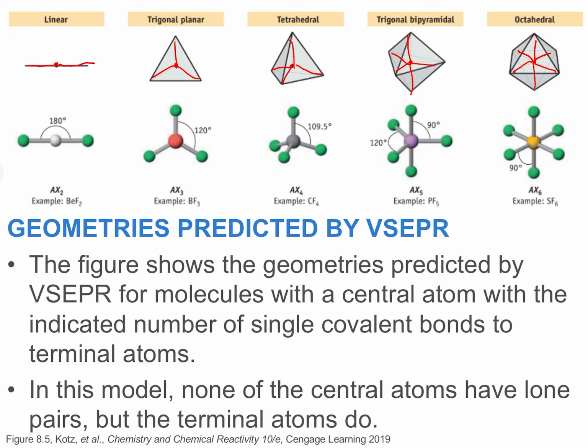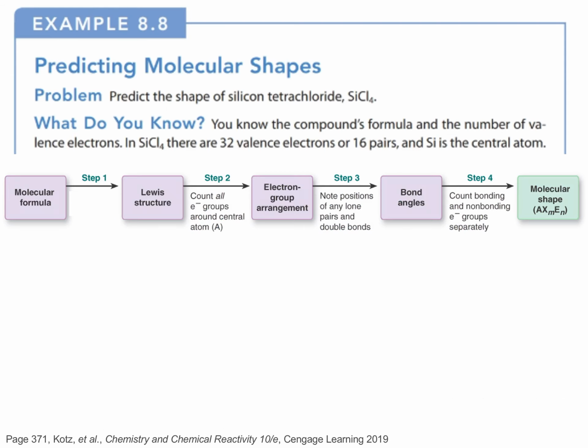So this is called an octahedron, because if you looked at this shape, the top half has 4 faces and the bottom half has 4 faces. In this model, none of these central atoms have lone pairs of electrons. All of the electrons are involved in bonds, but the terminal atoms do most likely have lone pairs of electrons, except if you have hydrogen.